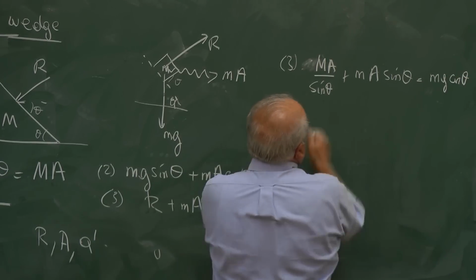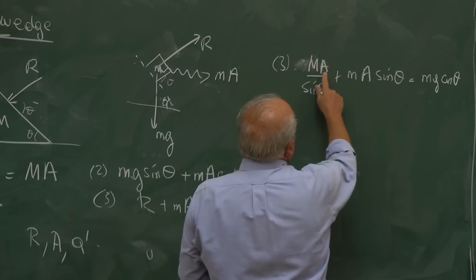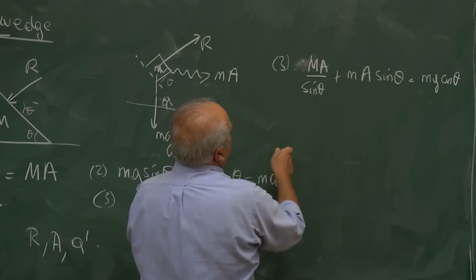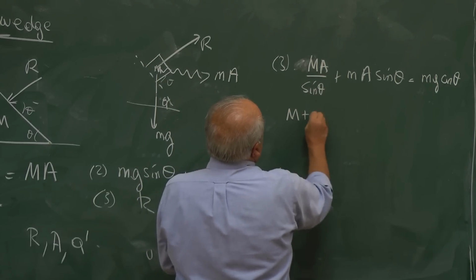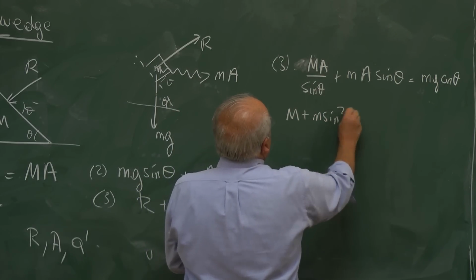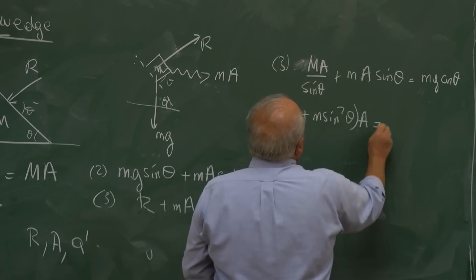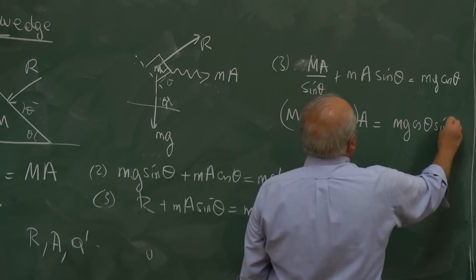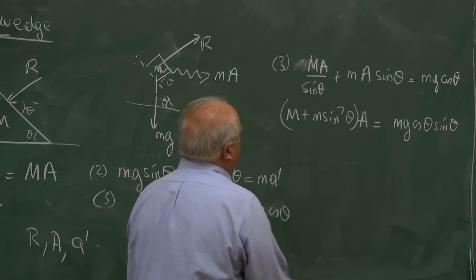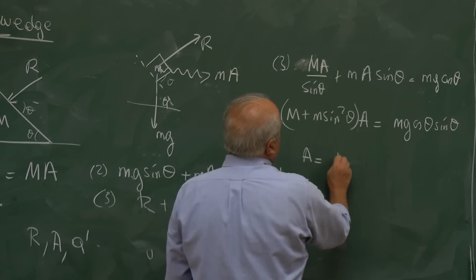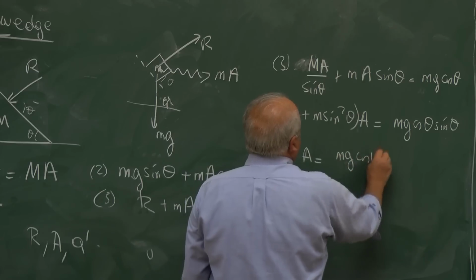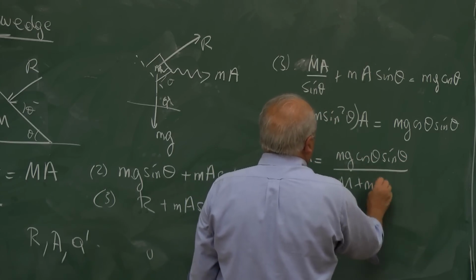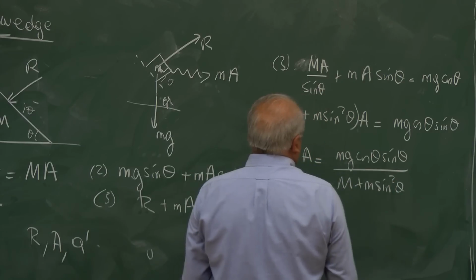So you see, I only have one unknown, one equation, so it's easily soluble. Multiply by sine theta. So (m plus m sine square theta) A is equal to mg cosine theta sine theta, and A is equal to mg cosine theta sine theta divided by m plus m sine square theta.